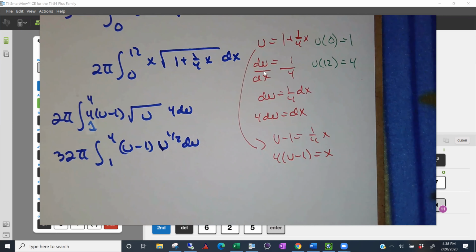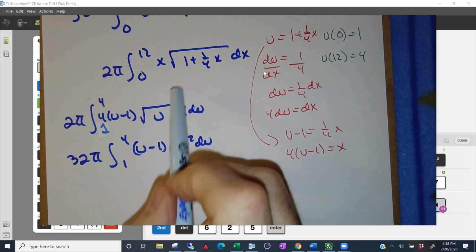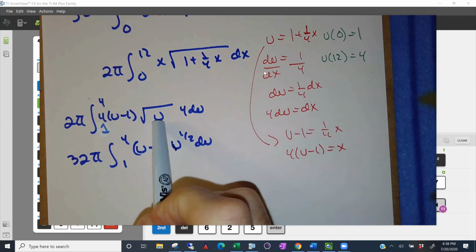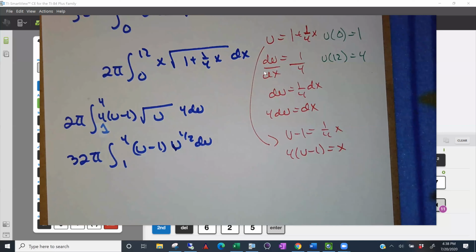Now you might look at that and go, well, really? We did all that and we get nothing out of it, right? I mean, it's still a bit of a mess. But the big thing is we've taken this from 2 terms down to 1 term. And I can distribute that 1 term and then integrate both of these.